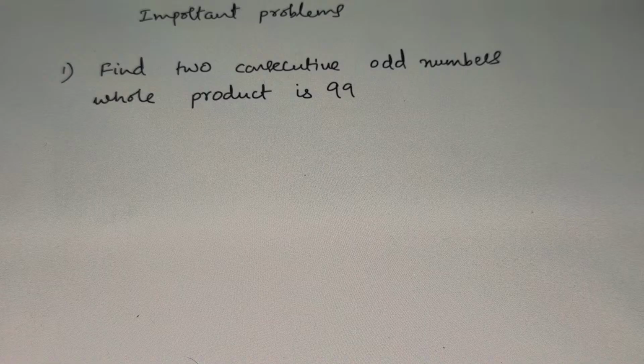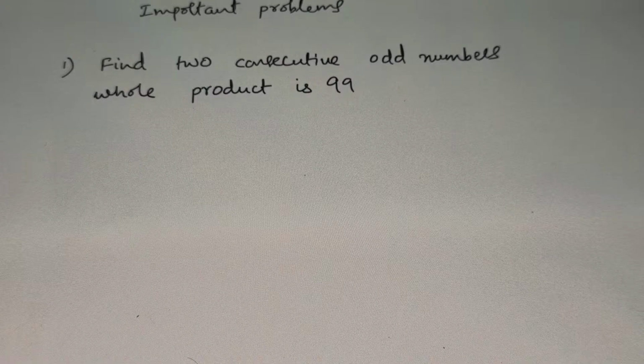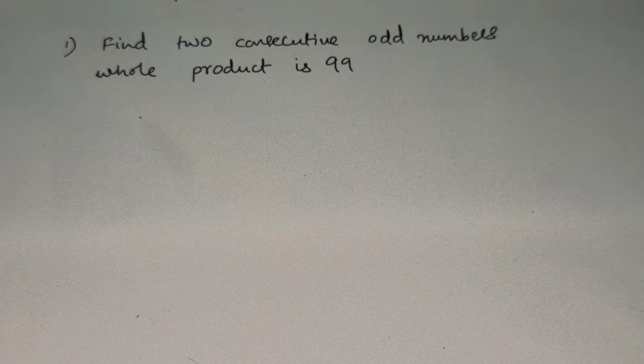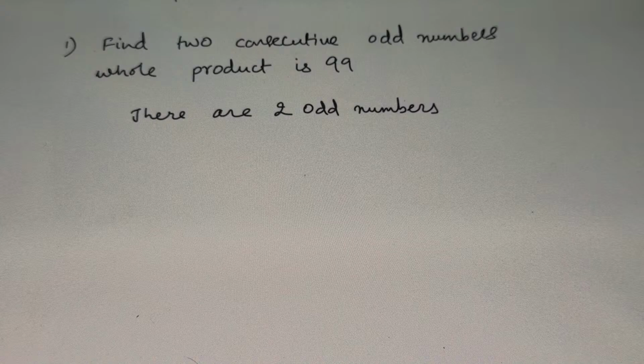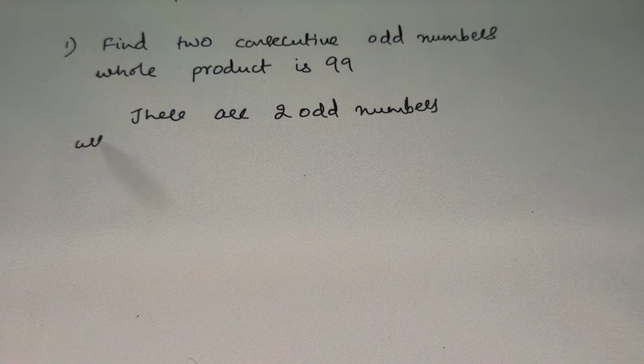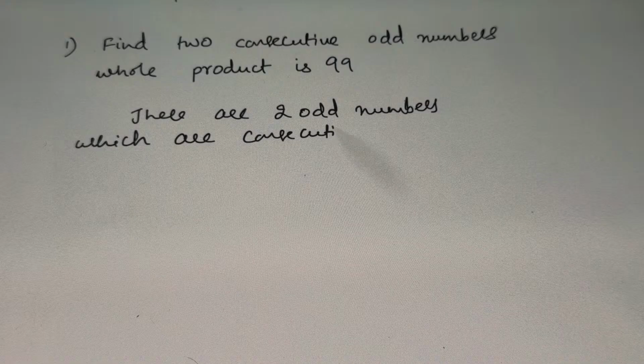Let the first number be x, so it must be an odd number. So there are two odd numbers which are consecutive, means they are one after the other.